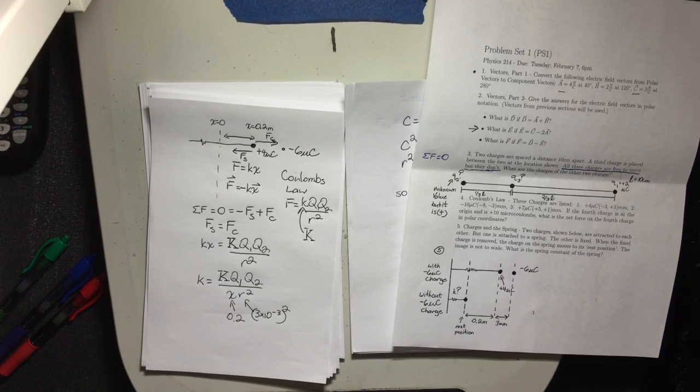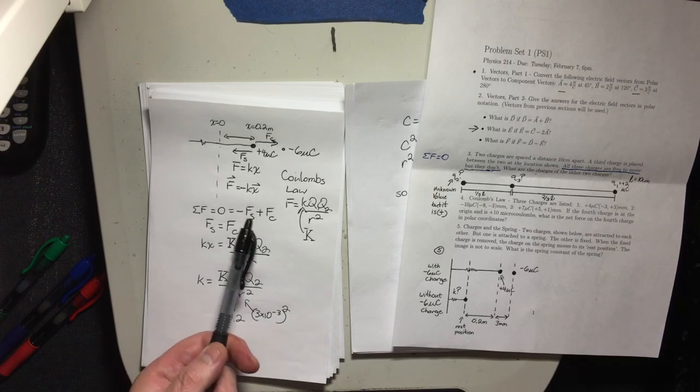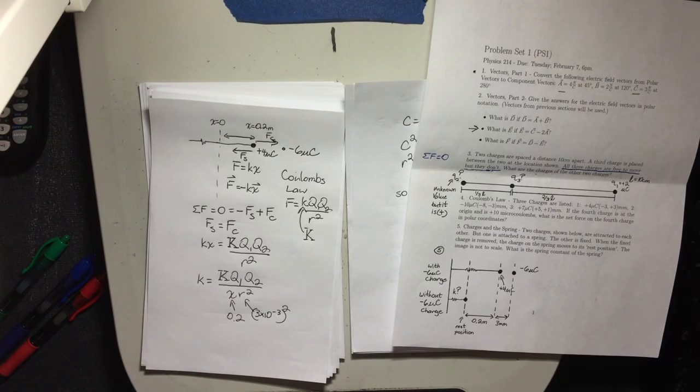What is it, negative F of what? F sub S, force due to spring. F sub C, force due to charge, or Coulomb's law.